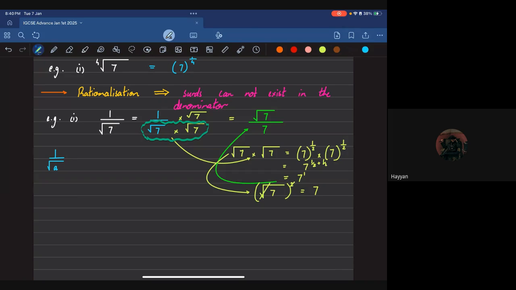And obviously, you're going to multiply with under root a both the denominator, and kindly make sure that you're doing it with the numerator as well. Otherwise, you'll get no mark. And this is going to be root a over a. Hopefully, this is clear. If there's anyone who doesn't get this, let me know.